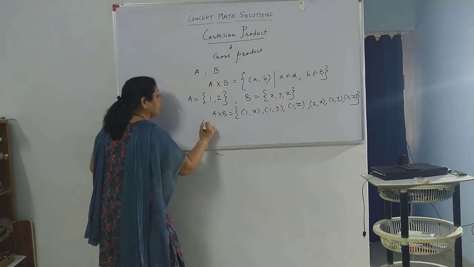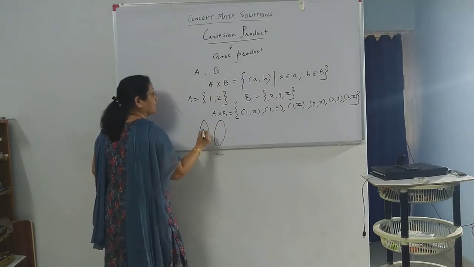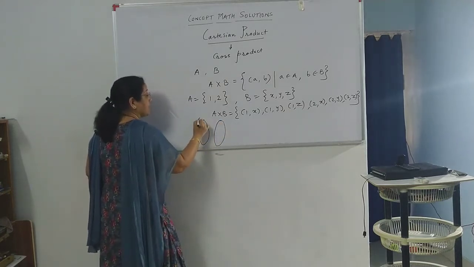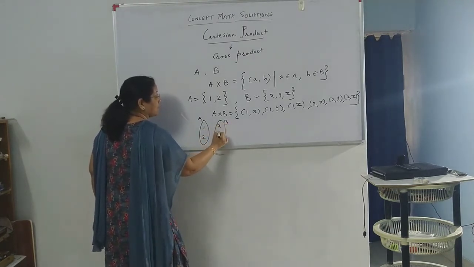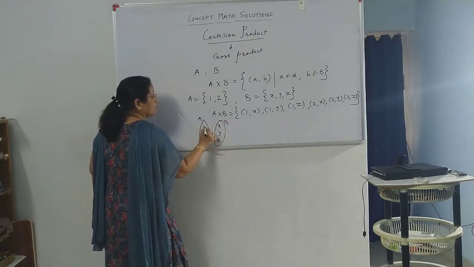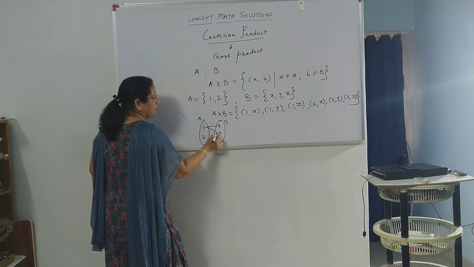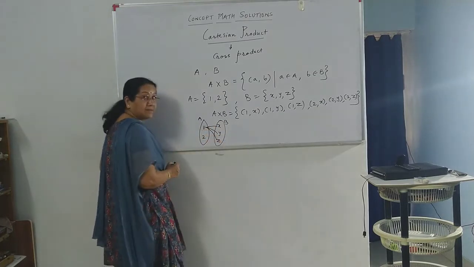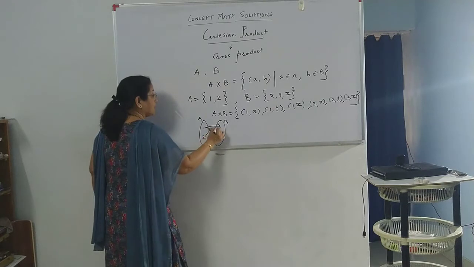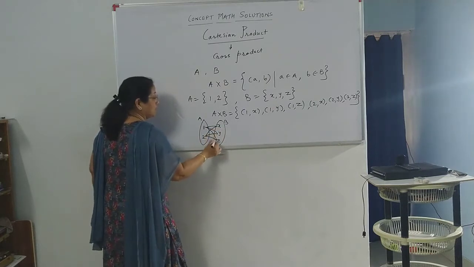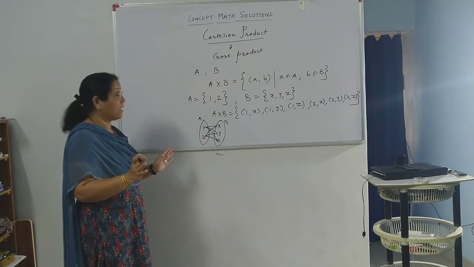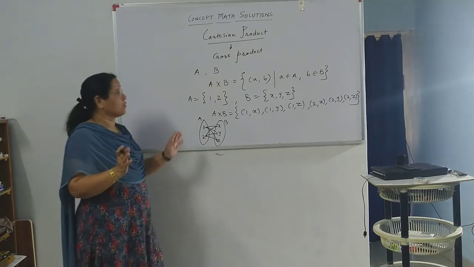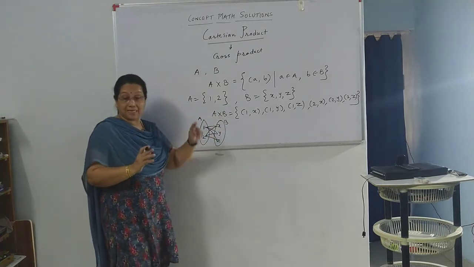If I have to draw this arrow diagram for the Cartesian product, A has 1 and 2, B has x, y and z. So (1, x), (1, y), (1, z), (2, x), (2, y), (2, z). That's the Cartesian product or cross product of two sets.